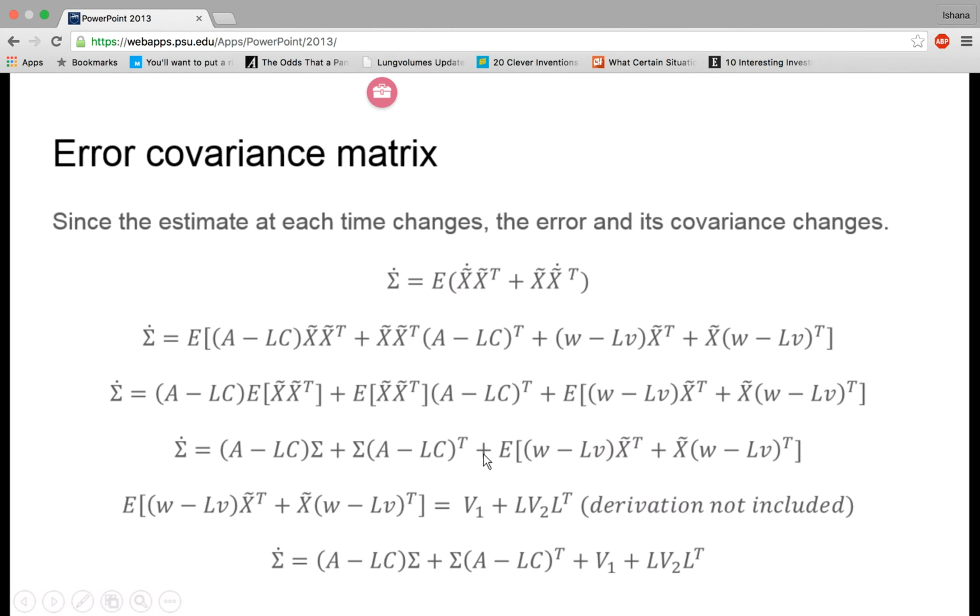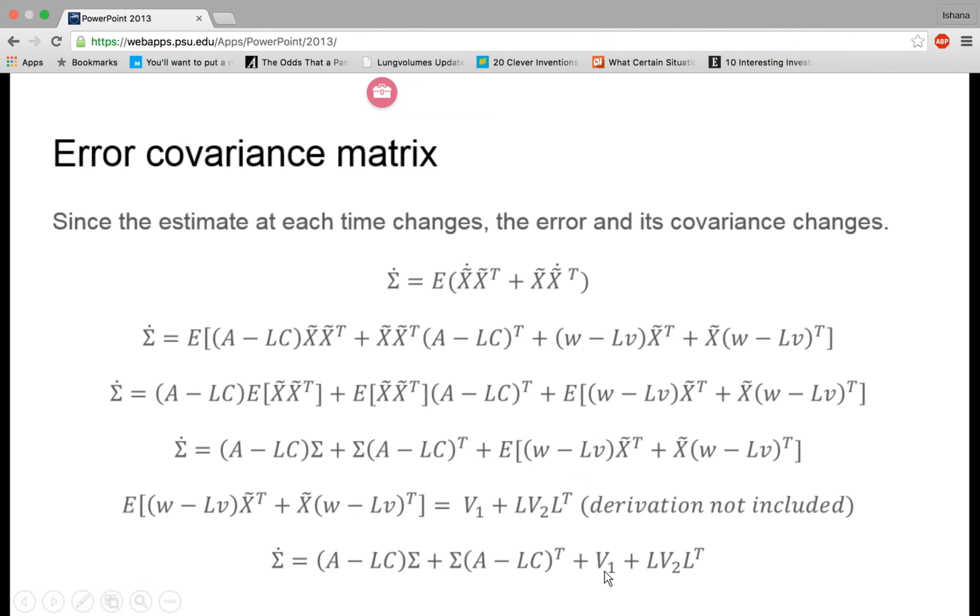To calculate this value, we go into matrix manipulation and some calculations which I've not included here since we would not be able to cover it in the time given. But essentially, the expectation of this term boils down to a function of the error intensities and the gain of the observer.